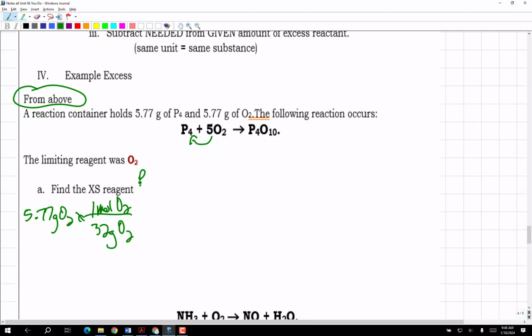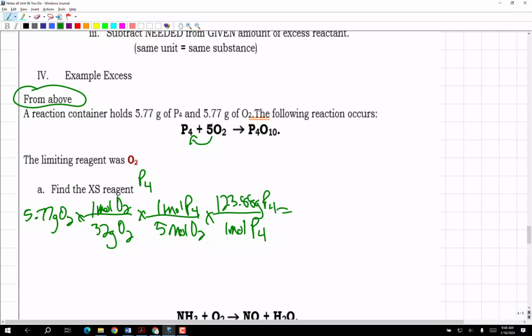Remember, I'm trying to go into P4, times 1 mole of P4 over 5 moles of O2. Got to go into grams. 1 mole P4. And I forgot the molar mass. 30.97 times 4, 123.88 grams.